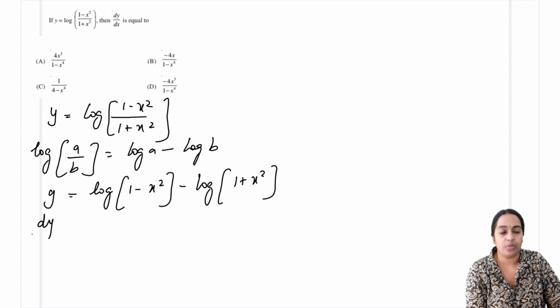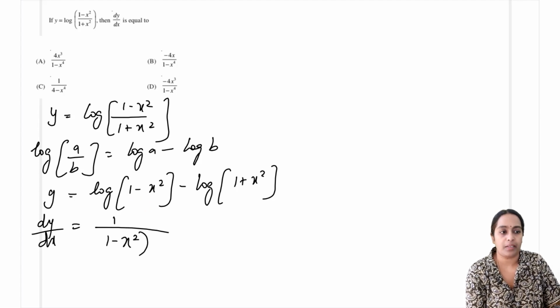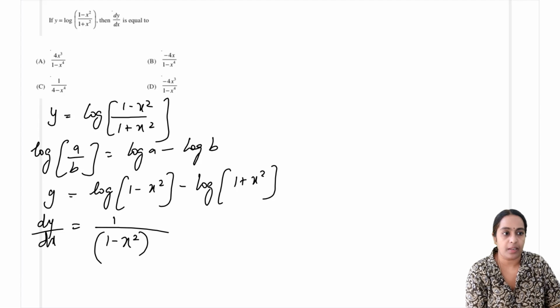Now I need to find dy by dx for this. Differentiation of log x is 1 by x. So log of (1 minus x square) will be 1 by (1 minus x square). Again, I need to differentiate 1 minus x square. When I differentiate 1 minus x square, I will be getting minus 2x.